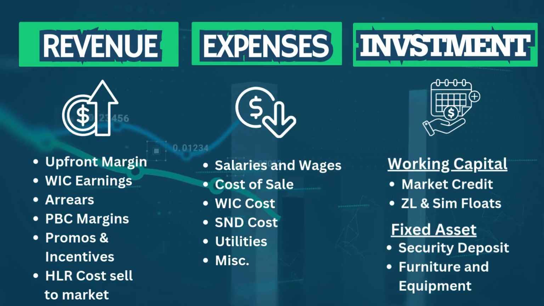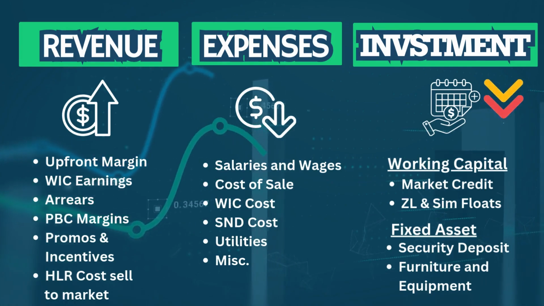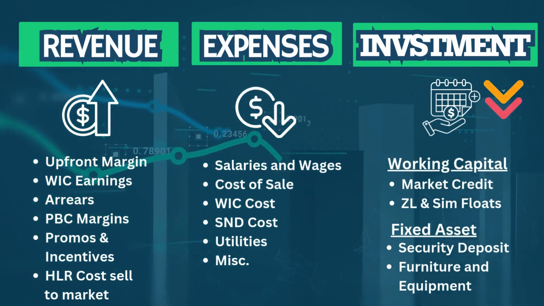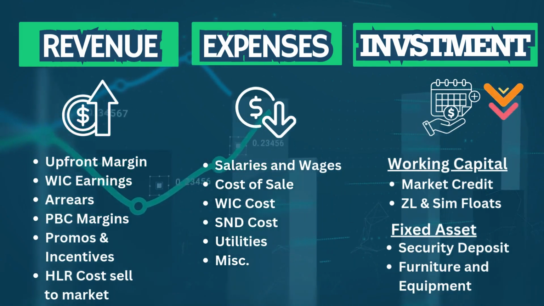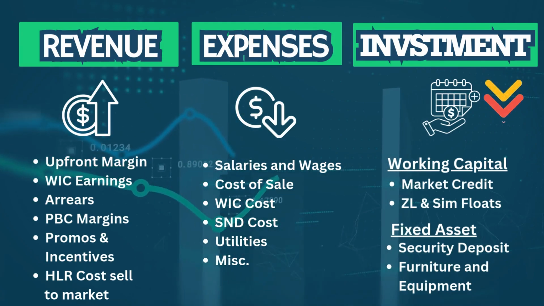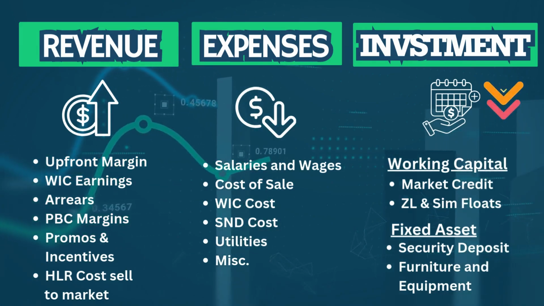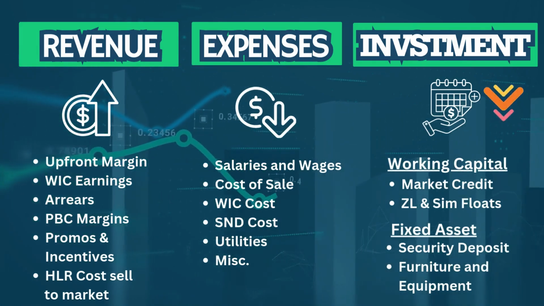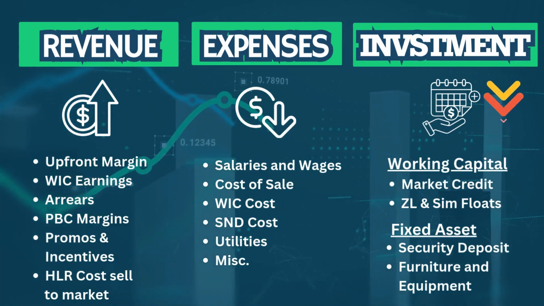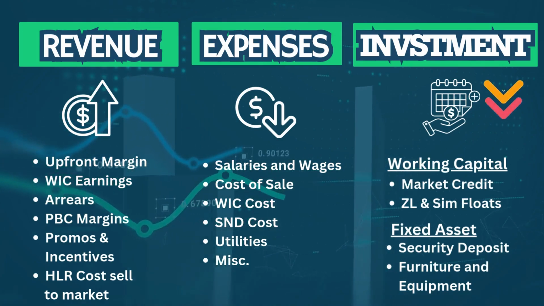The third and final part of our ROI formula is investment. We have two sorts of components here. One is working capital, which is required for day-to-day business operations, and then we have fixed assets, which are a one-time investment. In working capital, we have market credit. It's a credit which the franchisee gives to its retailers.